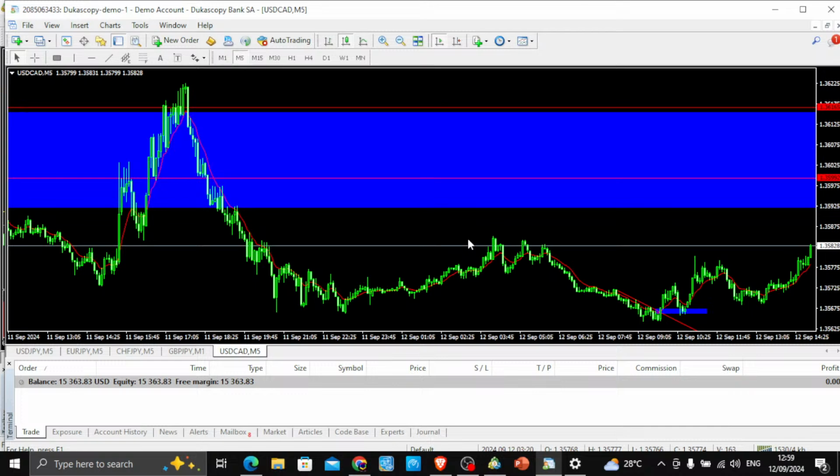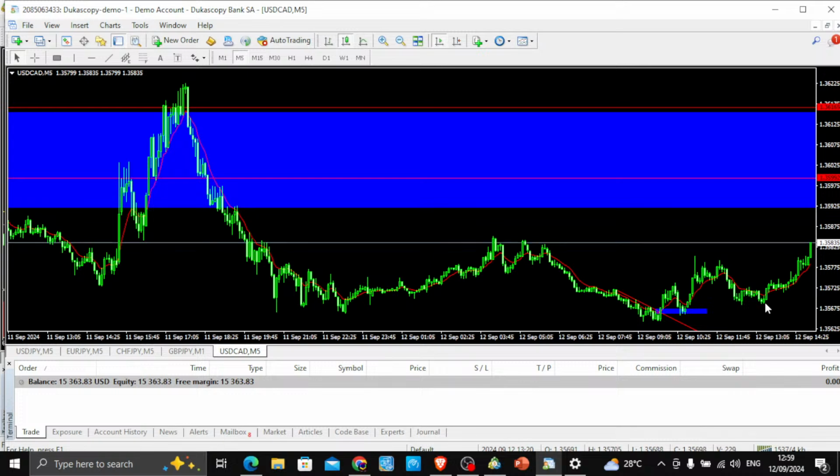So in this situation, we sit at the fence. Yes, we sit at the fence. But if it takes out this and comes back and gives us a buying signal from this area, we can buy. Or if it moves up to this area and gives us a selling signal, we can sell.